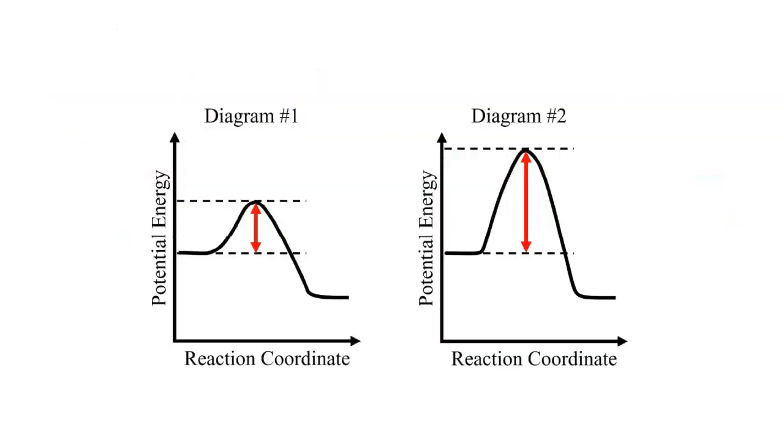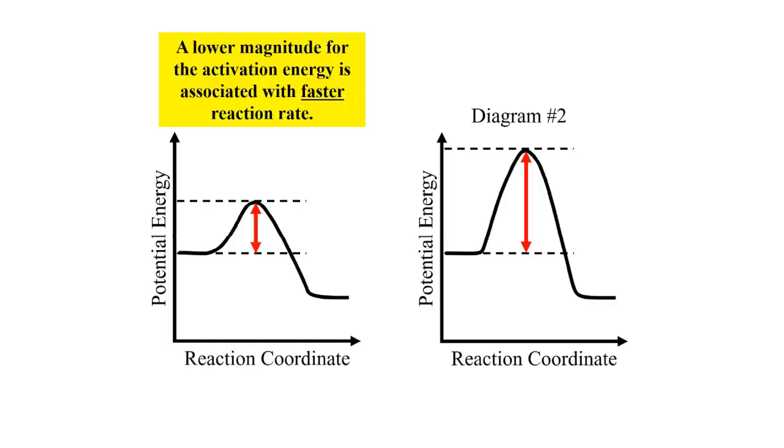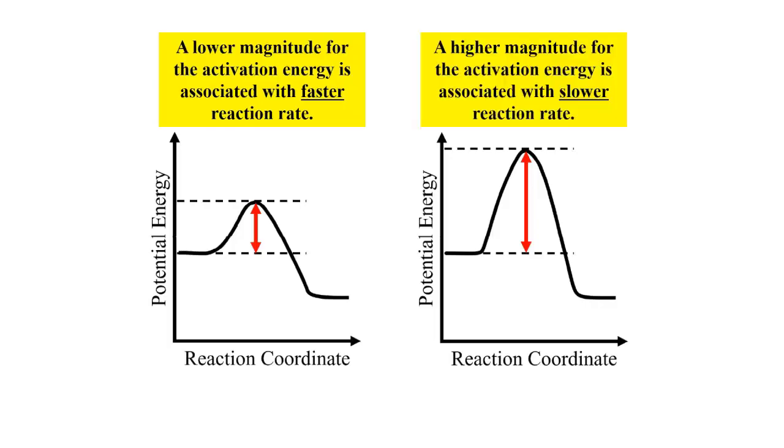On this slide, you can see two different energy diagrams, and one has a smaller magnitude for the activation energy. So a lower magnitude for the activation energy is associated with a faster reaction rate. And then the other diagram has a higher magnitude for the activation energy, and that would be associated with a slower reaction rate.